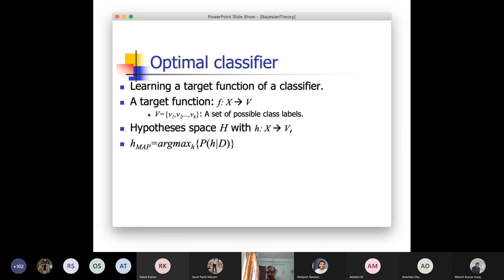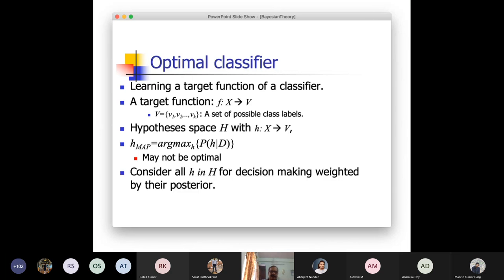It could be multiple hypotheses in some cases, like when there are conflicts, multiple hypotheses with the same maximal posterior probability. You can choose any one of them. But decision making becomes optimal if we weight them by their posterior when we choose that particular label.